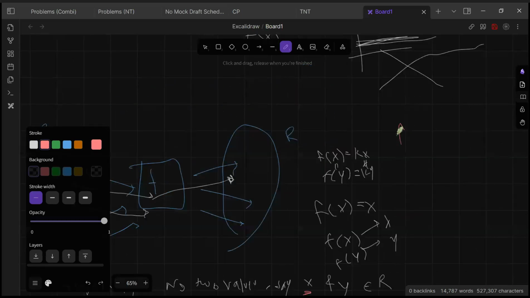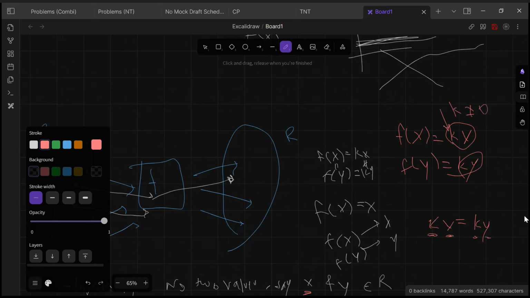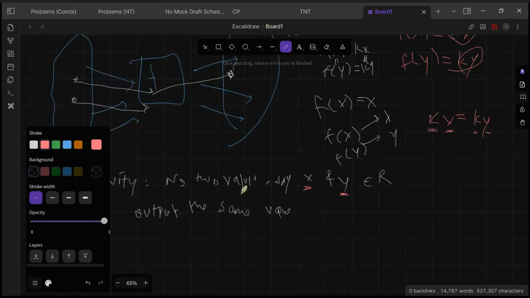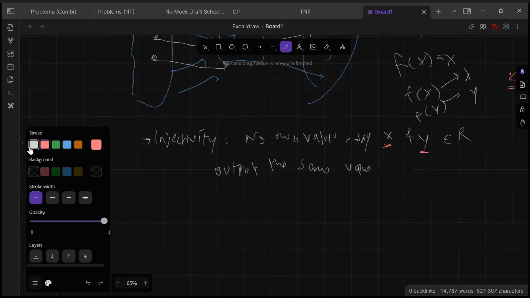For a function like f(x) = kx, we will have f(y) = ky, and these two outputs are not going to be equal. kx will not be equal to ky, unless of course k is equal to 0 or x is equal to y. I should clarify that I mean k not equal to 0. So this function is injective. I hope that's clear.